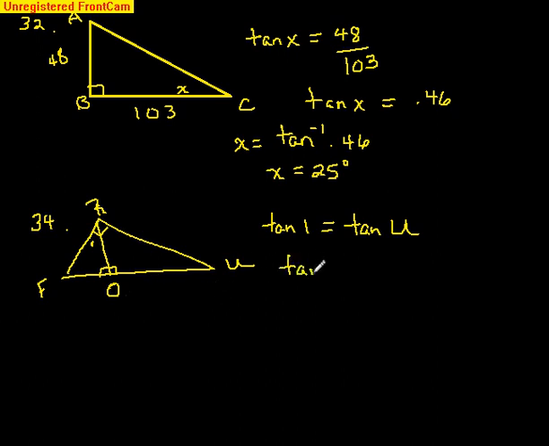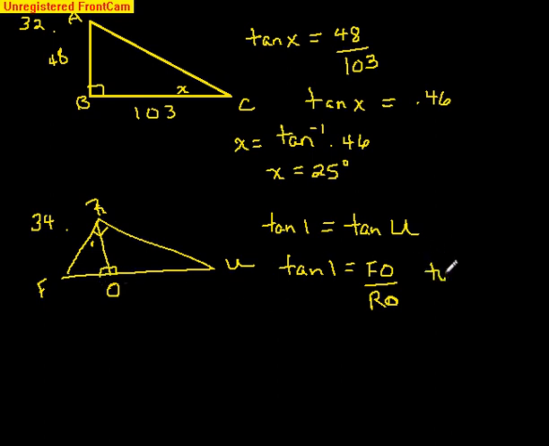I would say the tangent of 1 equals, it's opposite, so it's FO, over the adjacent, which would be RO. This side right here is the hypotenuse. So make sure you don't just do opposite over this one. This is the hypotenuse of the triangle, so opposite over adjacent.